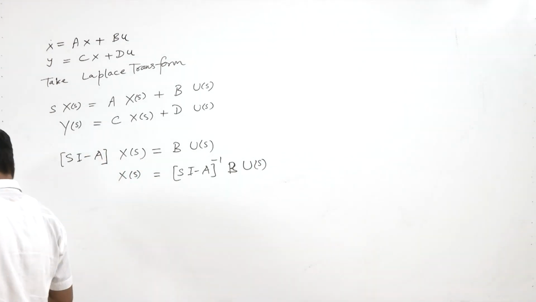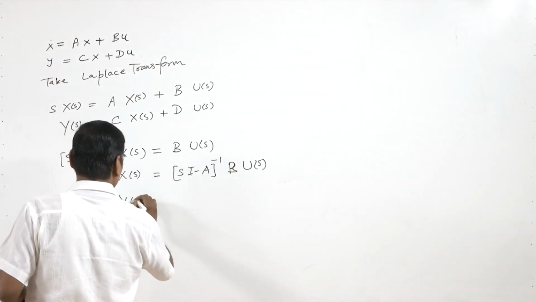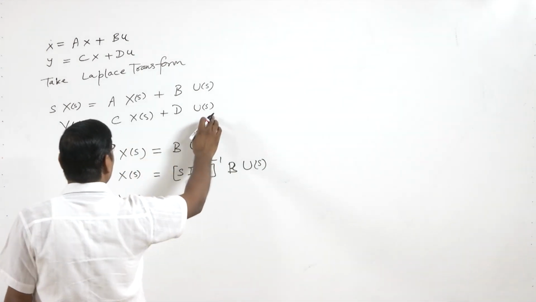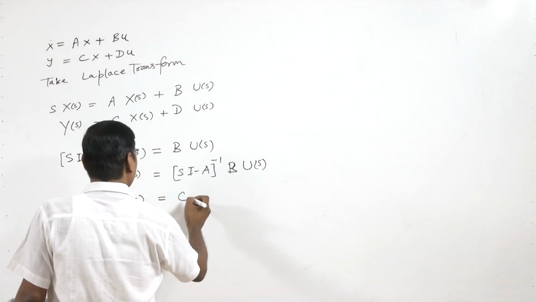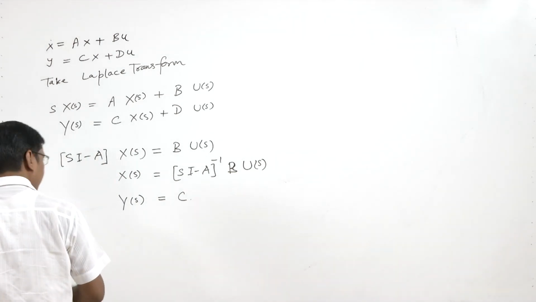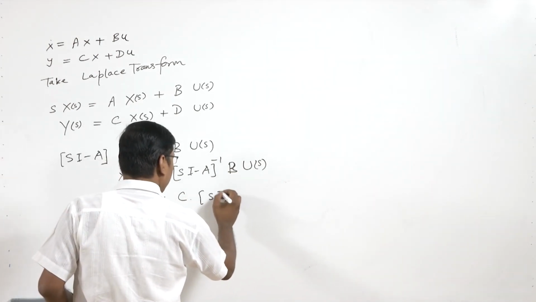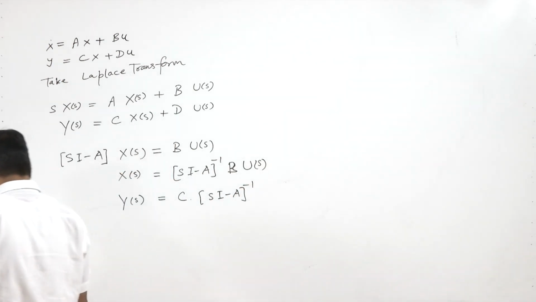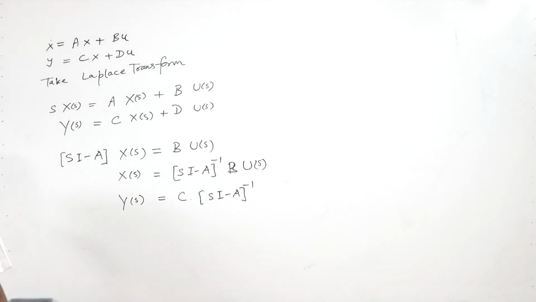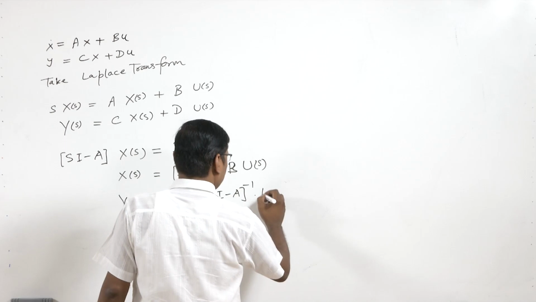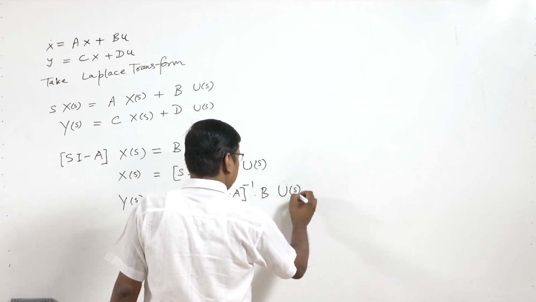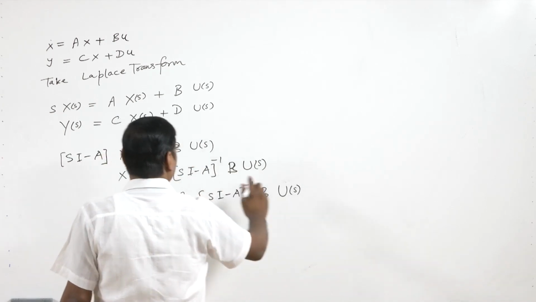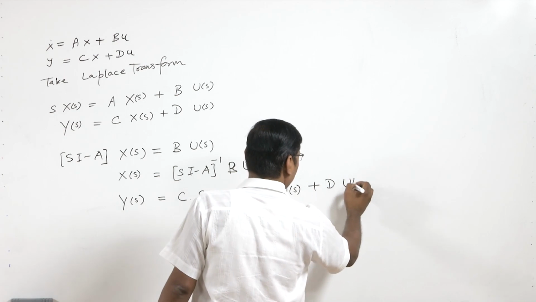Now Y(s) equal to C X(s) plus D U(s). So here C into X(s), we have this (sI minus A) inverse into B into U(s) plus D into U(s).